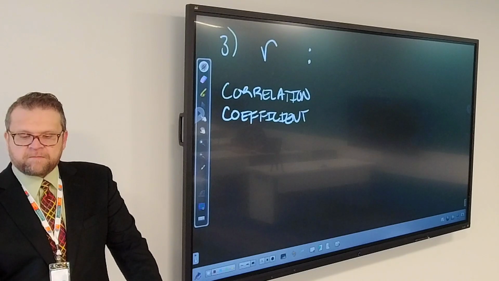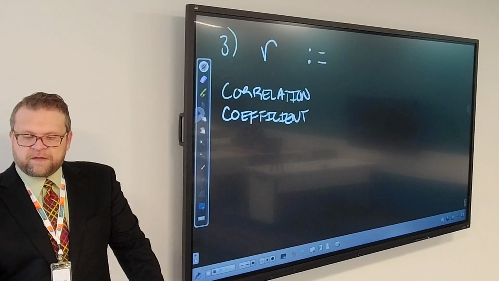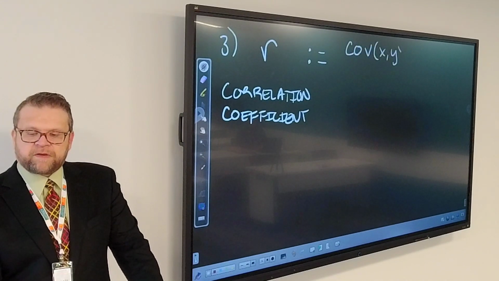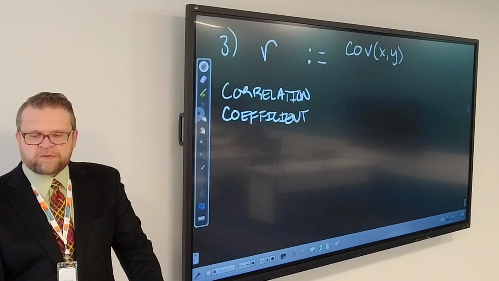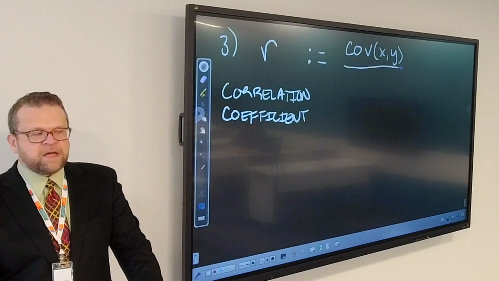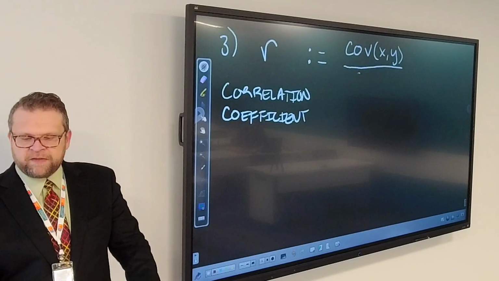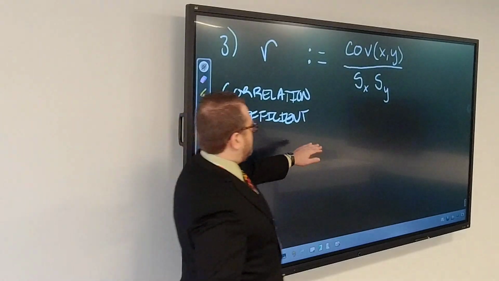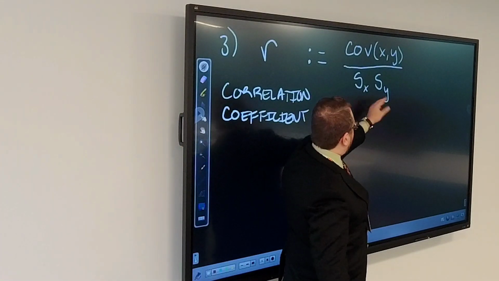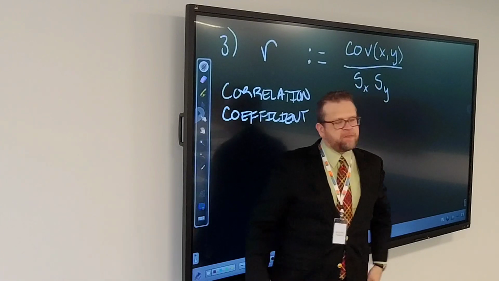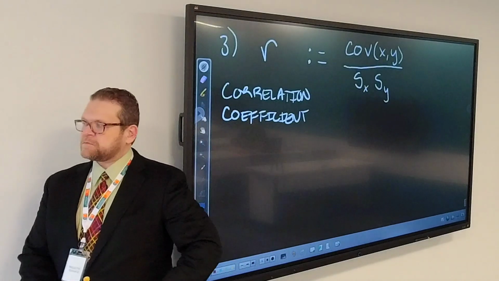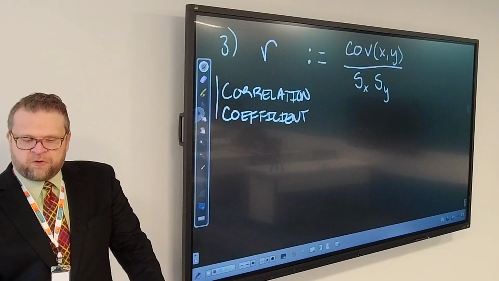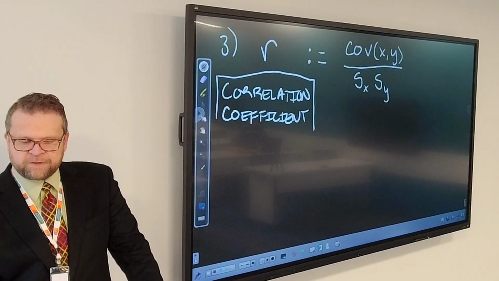By definition, it is the covariance of x and y. That's how you indicate the covariance. Divided by the product of each of the standard deviations. So you have a standard deviation for just the x coordinates. You have a standard deviation for just the y coordinates. You multiply them together, that's the denominator. It gives us the correlation coefficient.